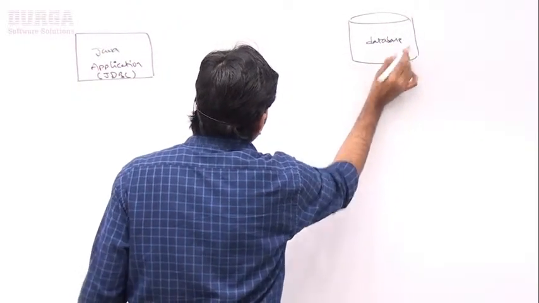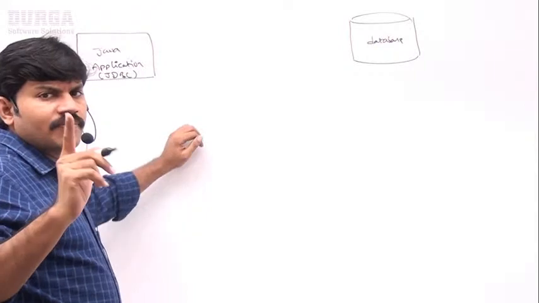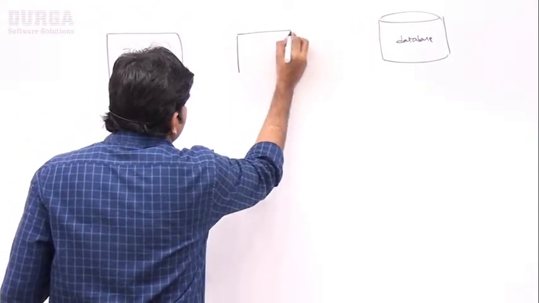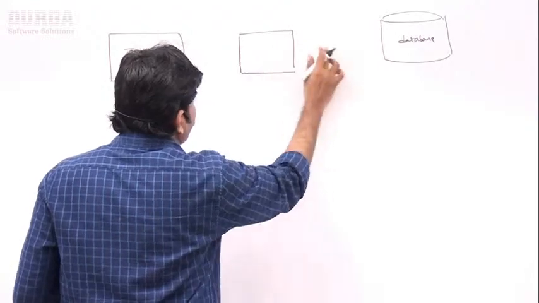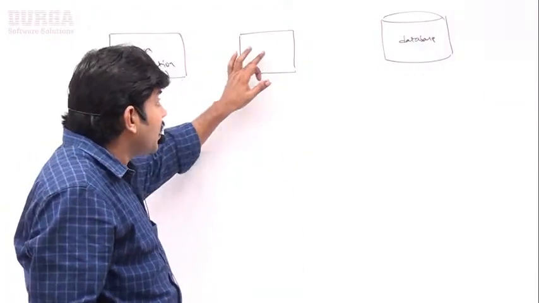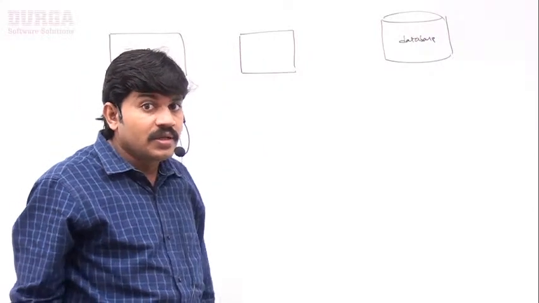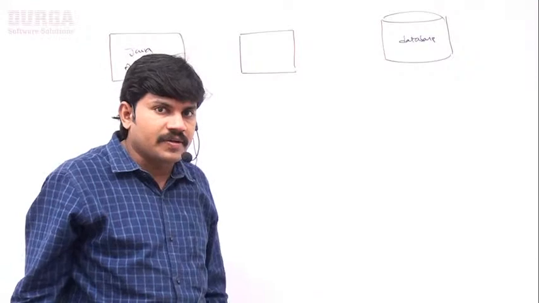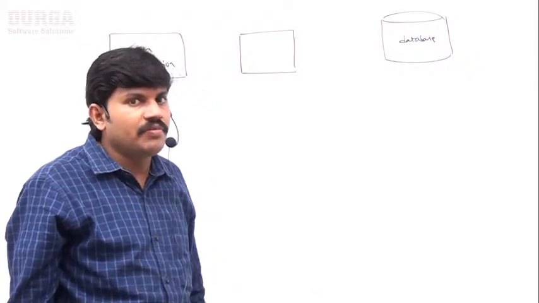Have you remembered, in the case of type 1, the driver internally uses an ODBC driver. In the case of type 2, the driver internally uses native libraries. If it is the type 3 driver, it internally uses a middleware server.